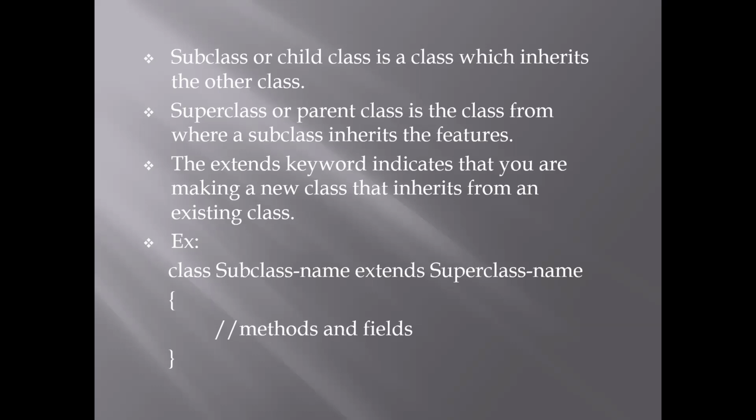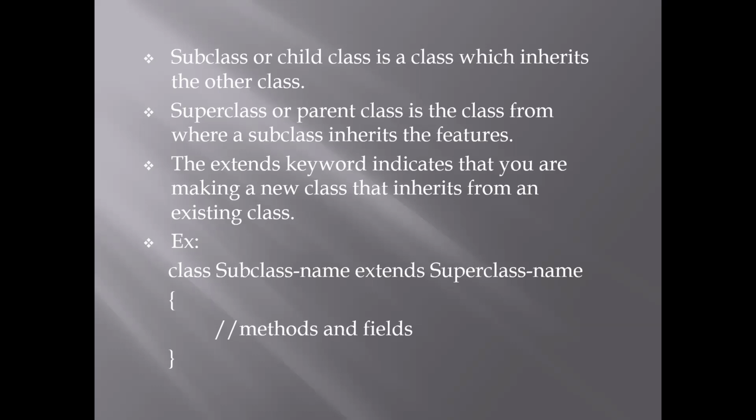Okay, so here, for example, subclass extends superclass. So whenever you see extends, the class before the extends keyword is the subclass or the child class. Okay, but the class that comes after the extends keyword is the superclass or the parent class. Okay.